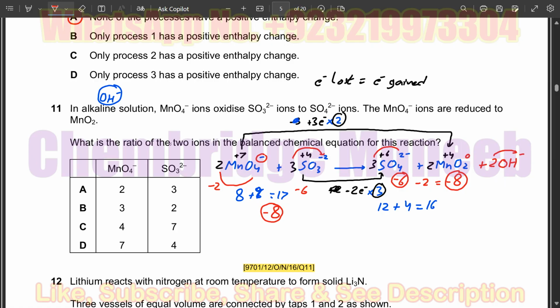Now about the oxygen atoms, as we checked before, there were previously 17 oxygen atoms on the left side, and there were 16 on the right. Now I have to add 2 more oxygen atoms, so 16 plus 2 will give me 18 oxygen atoms on the right side. Now, there is a problem. We have also introduced hydrogen.